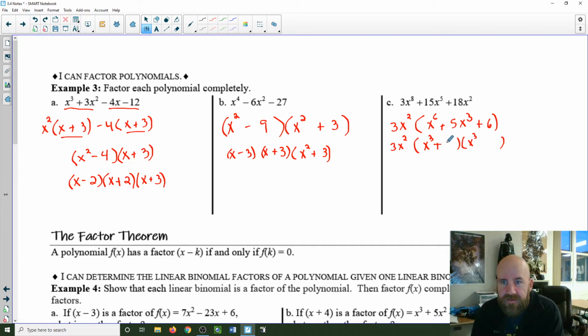So 2 and 3. And we check to see if these can be factored. So perfect square, or perfect cube. 2 is not a perfect cube, and 3 is not a perfect cube. So this is our final answer.